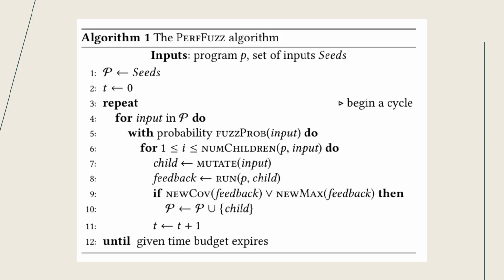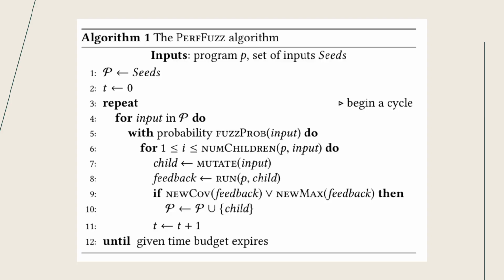Okay, so now going on to the PerfFuzz algorithm itself. As said before, the goal is to maximize the execution count of each edge in the control flow graph. So these are the steps. It'll start with seed inputs, usually just one or two. In the previous example, the quick brown fox jumps over the lazy dog would be the seed input, and it stores those as the parent input.